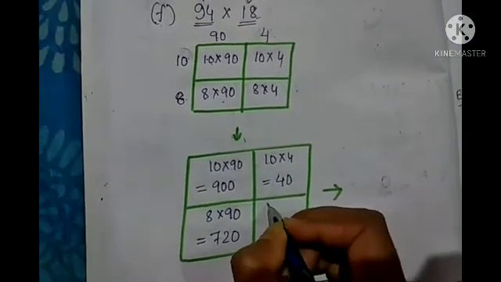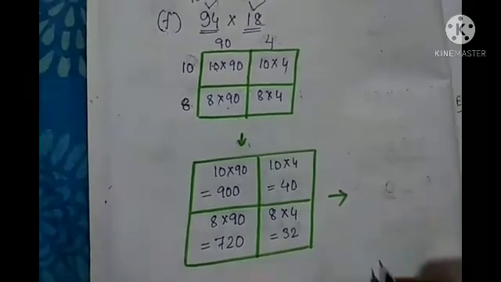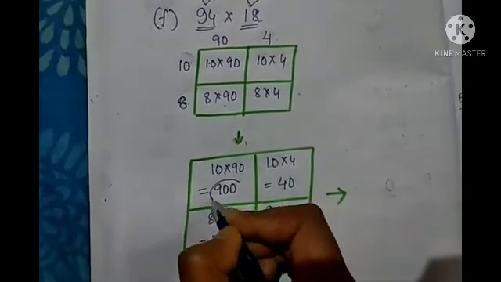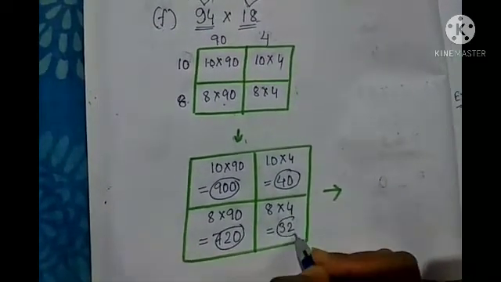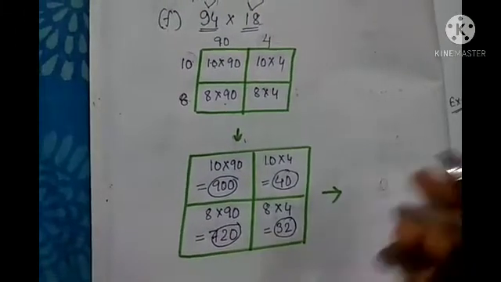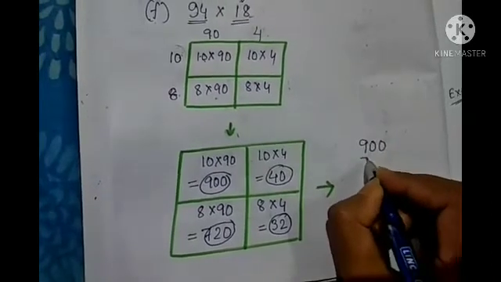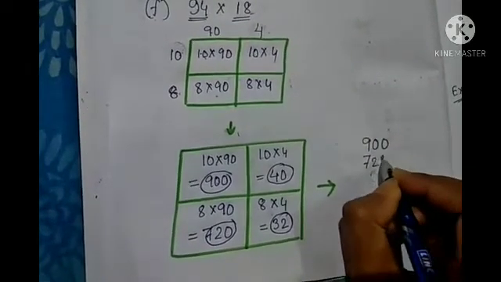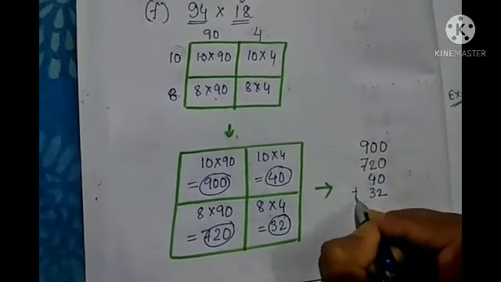And lastly 8 into 4. That is 32. Right? So you see all the products you are getting. These are the 4 products. The last step is to what? To add them. So let's add them. First of all, I'll write the greater number and then followed by the smaller one. 40 and 32.